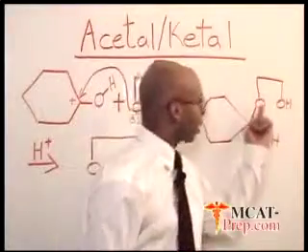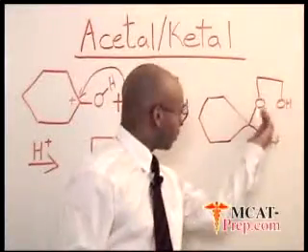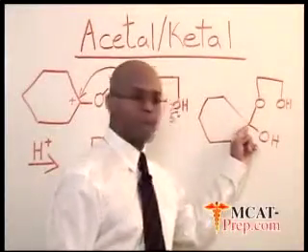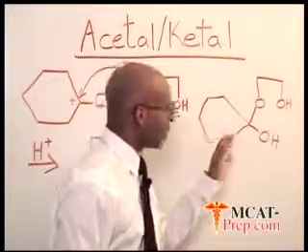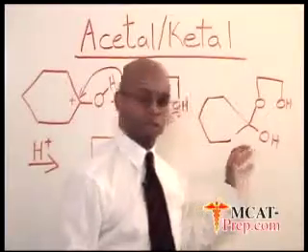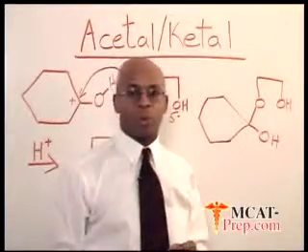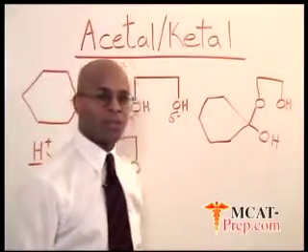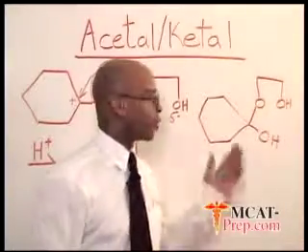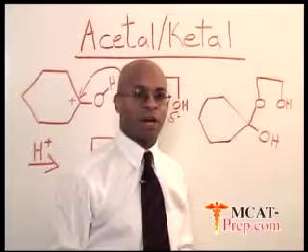So you see that the oxygen from the diol comes in, bonds to the carbon, and then we have our OH group here. So this would be the intermediate of the reaction, and in fact this is what we would call a hemiketal, halfway towards producing a ketal, even though this is a cyclical compound.